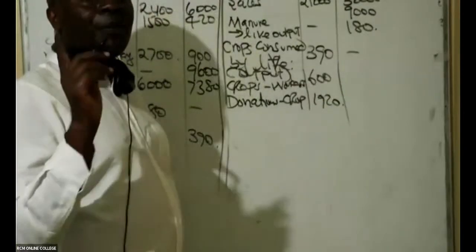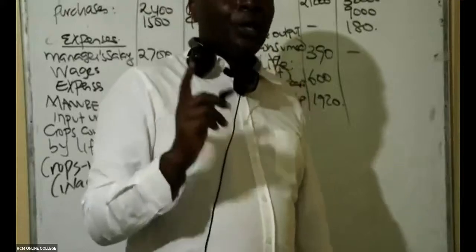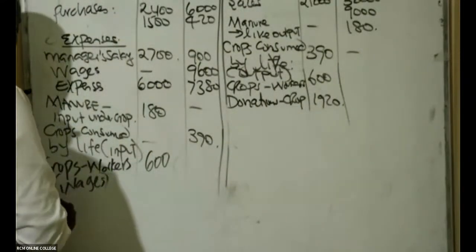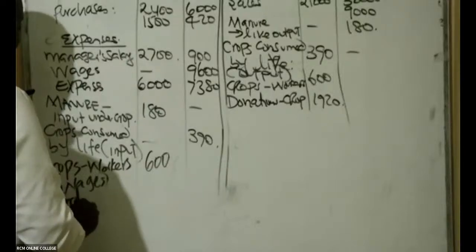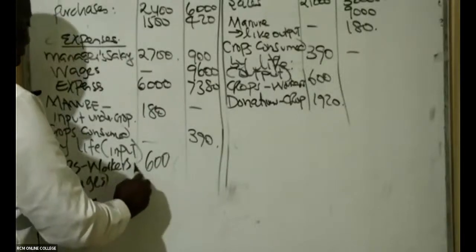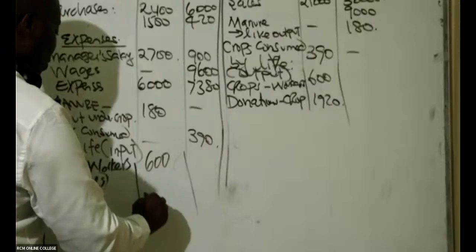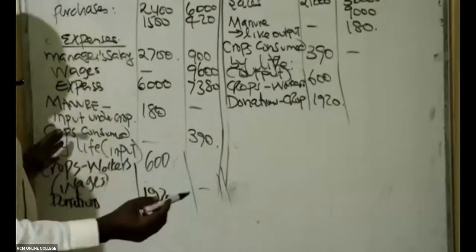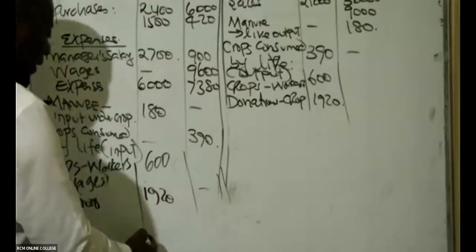Donations shall always be expensed, always under the expense section. So come and tell us donations. Under crops, you simply mention 1,920 like that. And that is it.